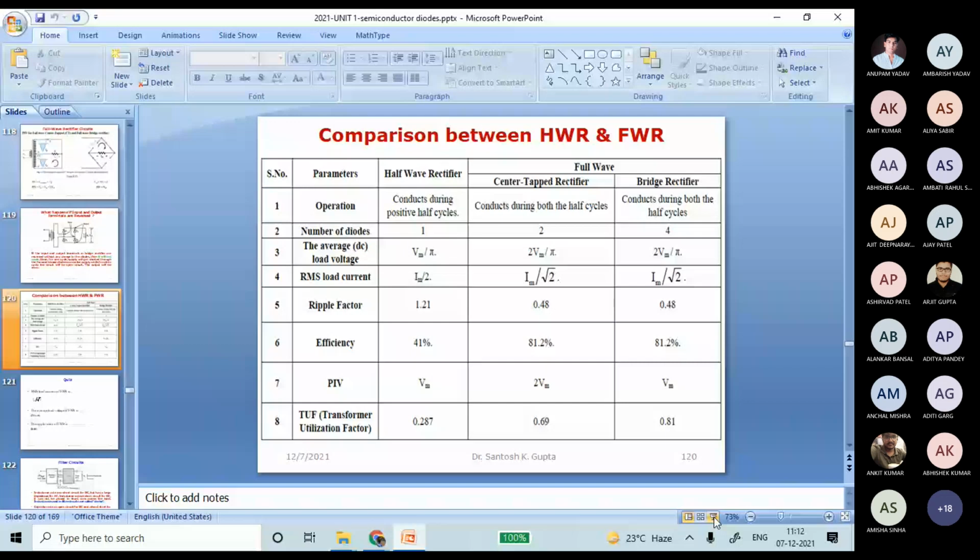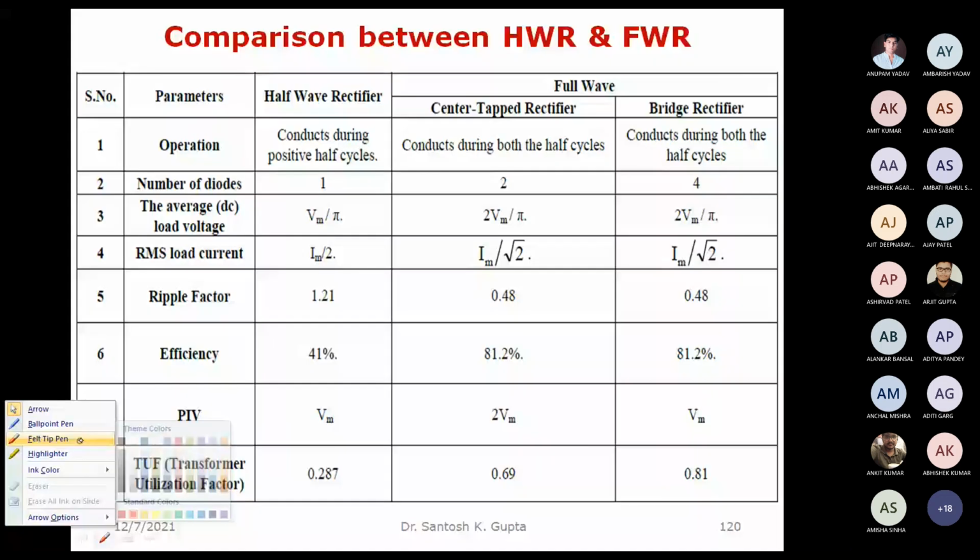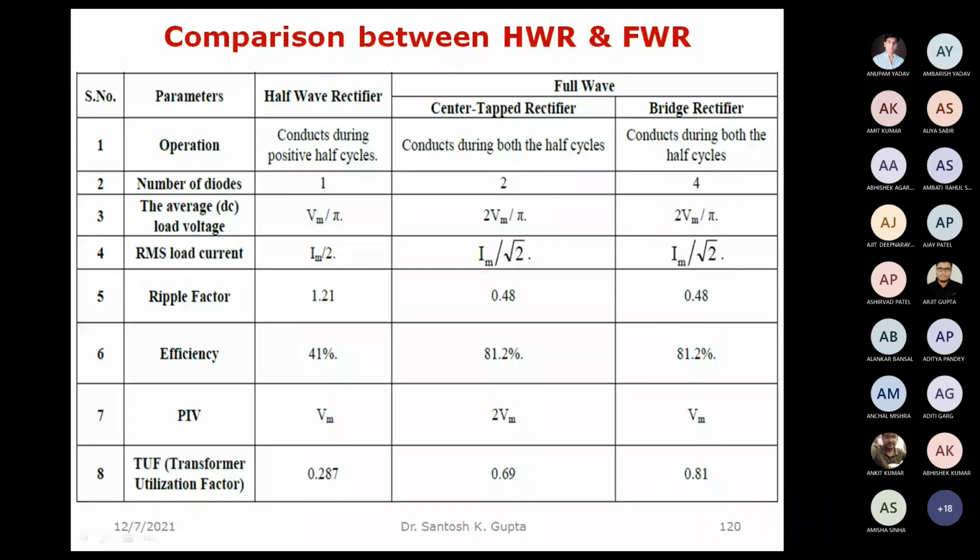Okay, so we have here different values, just put together. So there is no new information here. We can just compare the half wave rectifier and full wave rectifier. In terms of the main things, the ripple factor is drastically decreased, almost to 1/3.